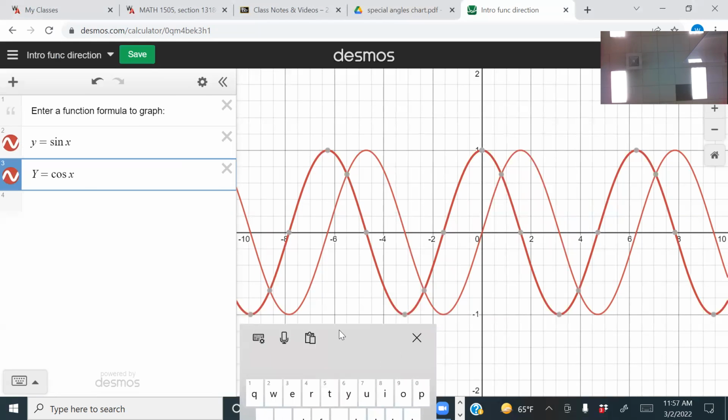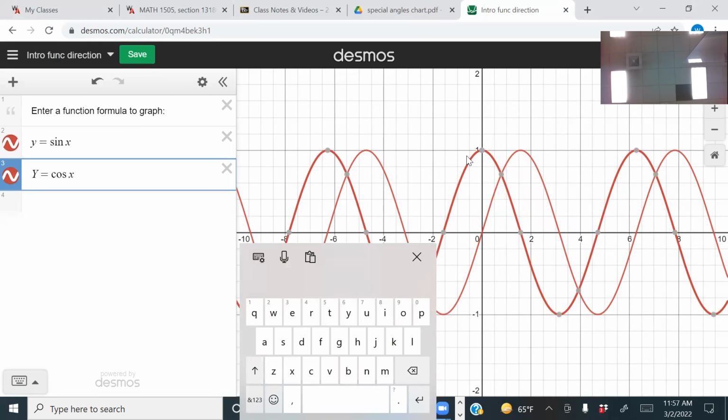And I'll tell you which one is the cosine. They're both graphed in red. This one is the cosine. Okay, the slightly thicker one is the cosine, because cosine of 0 is what? It's 1, right. So cosine of 0 is 1. So this is how you can see this is the cosine curve, right?